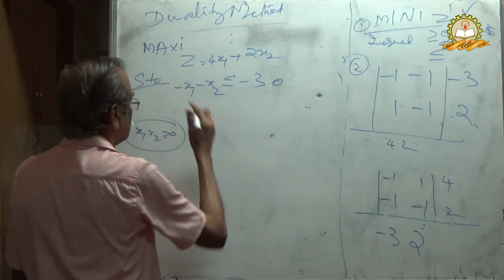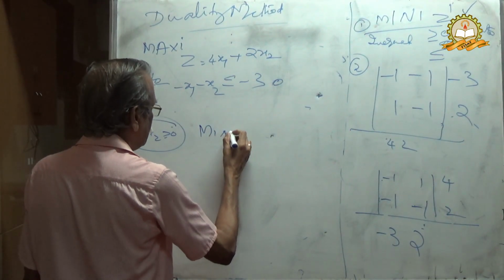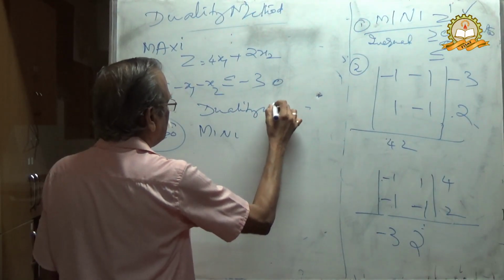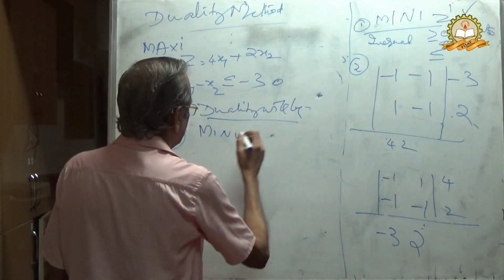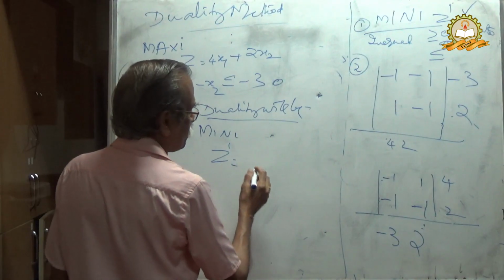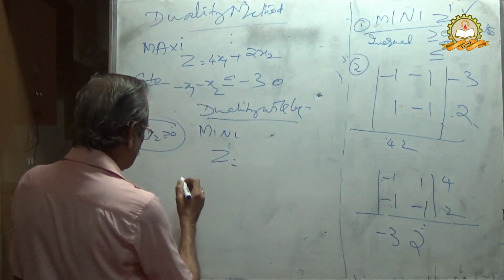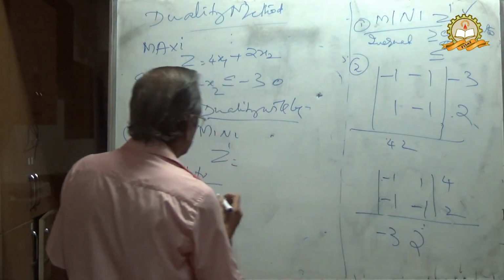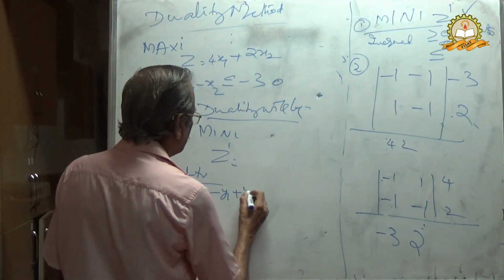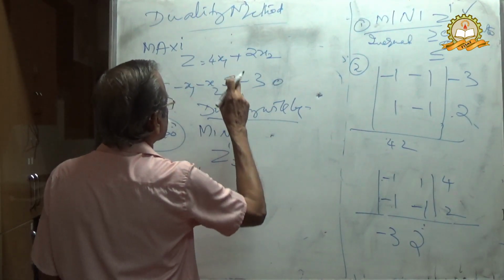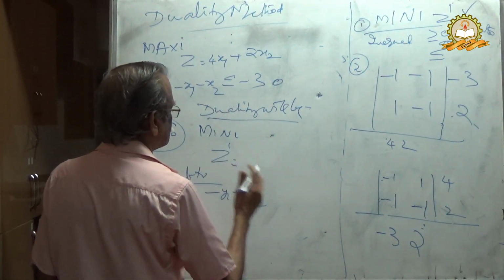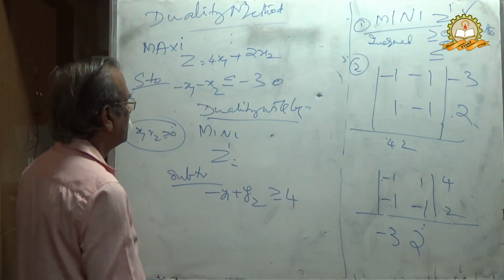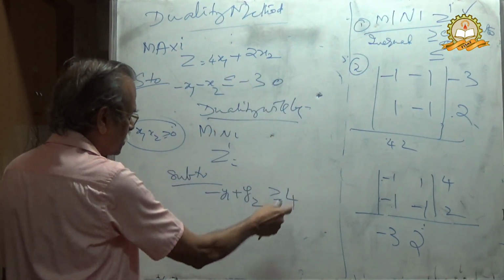Therefore, the dual of the maximum will be: minimum z dash equal to, we will fill it, subject to constraints. We write here minus y1 plus y2, minimization should be greater than or equal to 4.